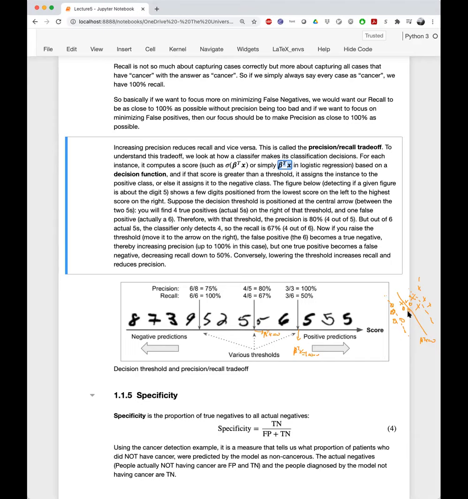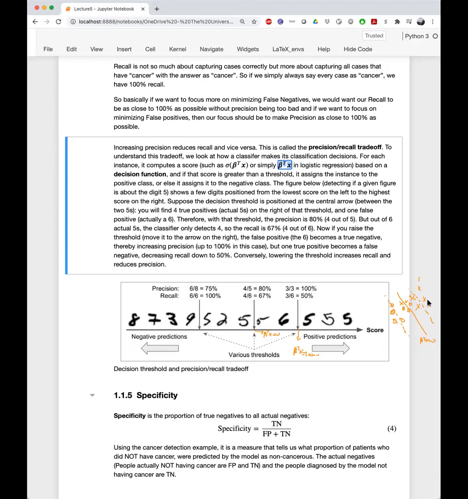If the line is here, let's look at the recall. Right? Recall means, did you catch all of the positive cases? We didn't catch this case. If the line is here, this case is actually positive, but it's predicted as negative. So we didn't catch this case. So in this case, recall is less than 100%. But if the line is here, then this case will be predicted as positive.